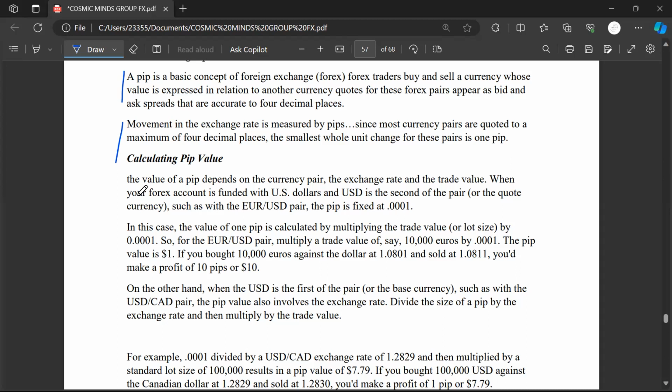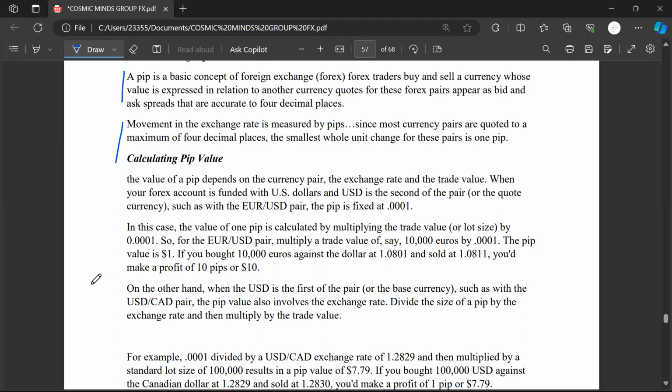So every pip has a value, right? And this pip value is not the same. It differs for each currency pair. Get that well understood. The pip value differs from one pair to another in terms of the currencies present in the movement. So that's one point you should know.